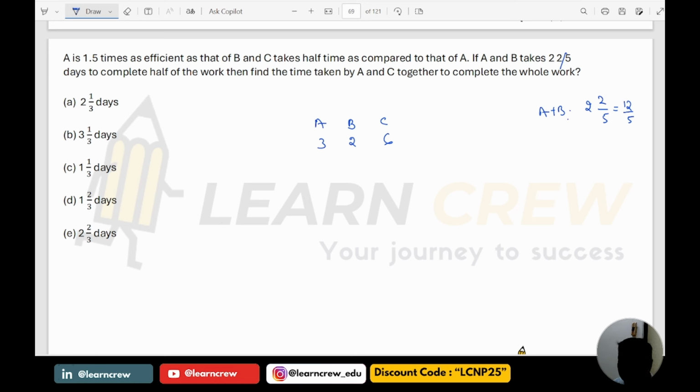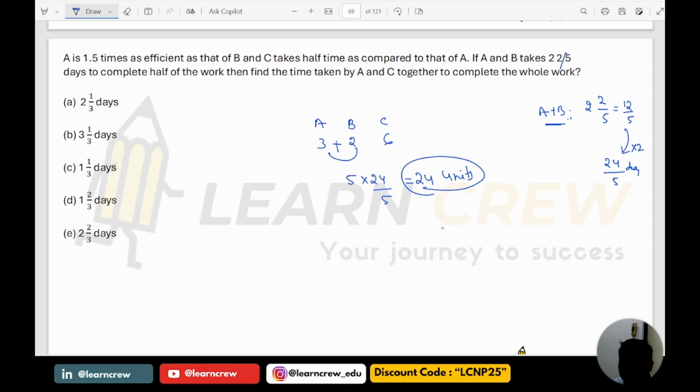A and B take 12.5 days for half work, so for full work it is 24 by 5 days. A and B in one day can do 5, so in 24 by 5 days they can do 24 units of work. So the total work is 24 units.